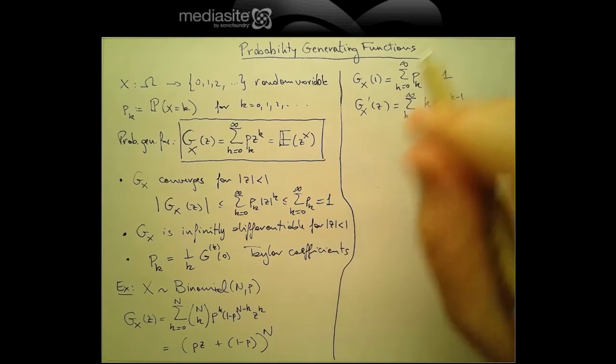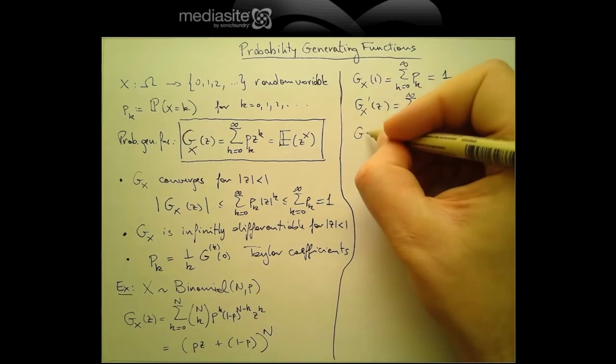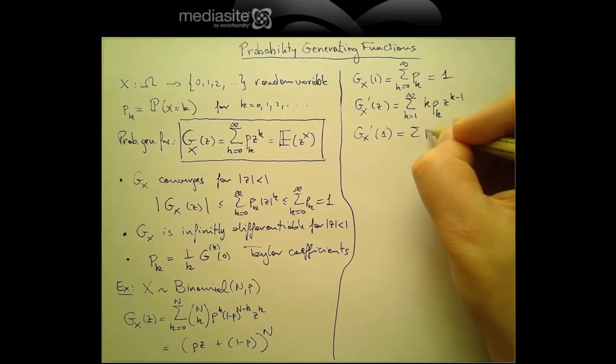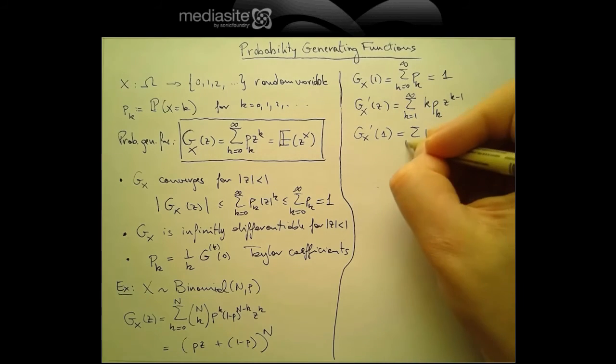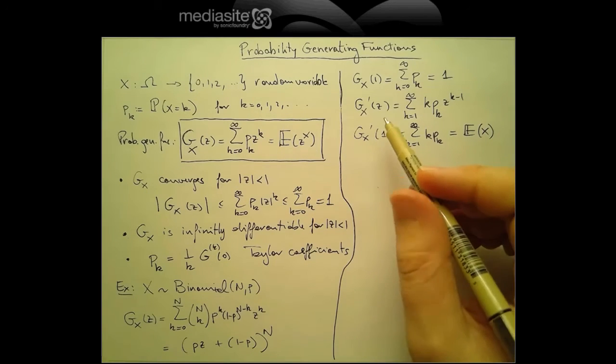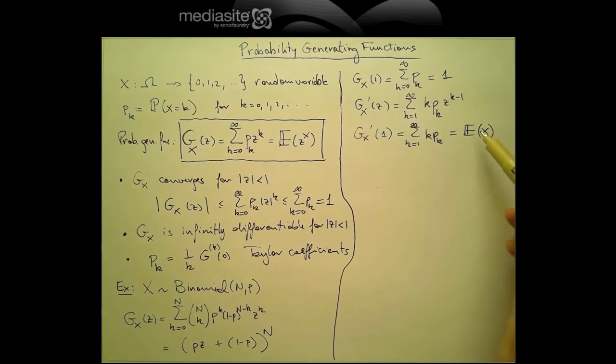And here, if we now evaluate at 1, we get the sum of k p_k, but that's exactly the expectation of X. Okay, so we can recover the expectation by taking the derivative, and if we take further derivatives, we'll get higher and higher moments of the random variable. The moments are the expectation of powers of X.